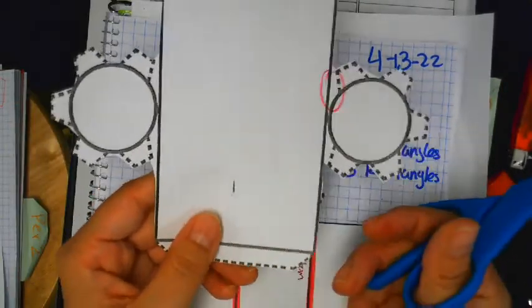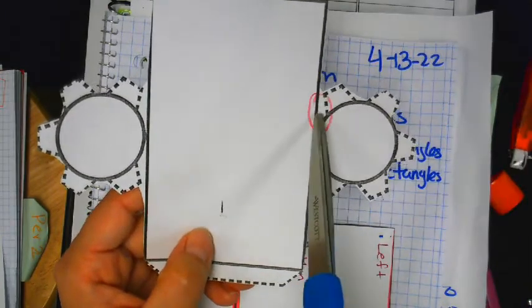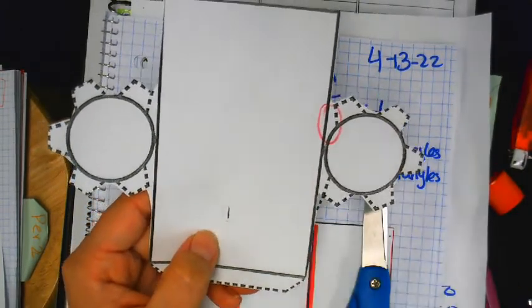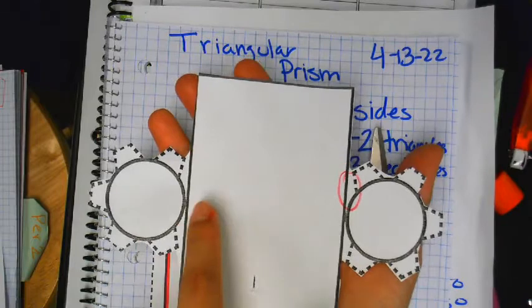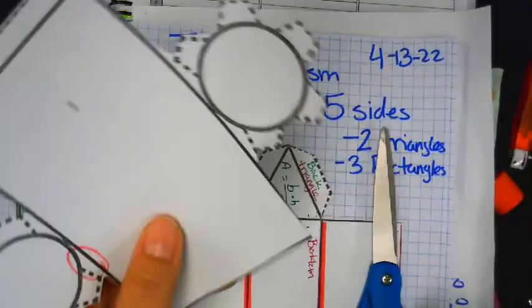Now that I have it cut out like this, now I can go back and cut this little piece off. Honestly, if you don't trust yourself, don't cut it out. This is how I'm going to glue it in. So if you don't want to cut this little piece off, that's fine.